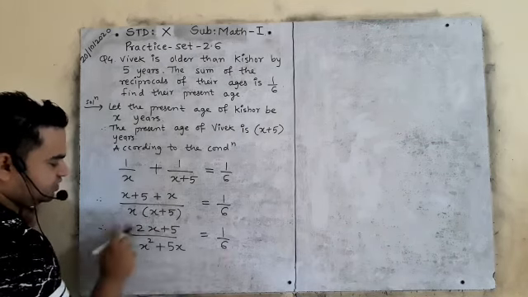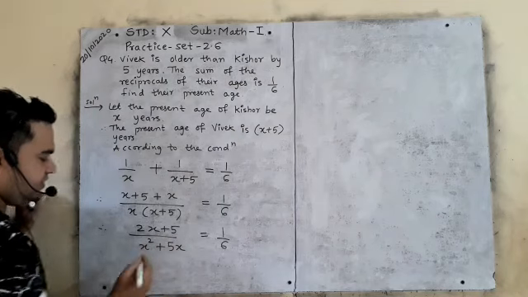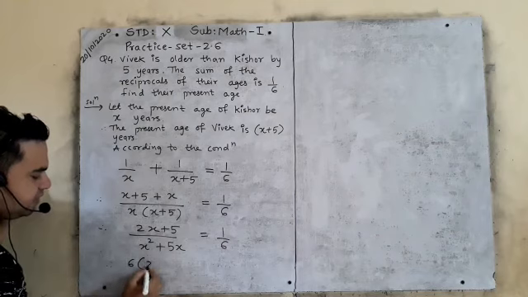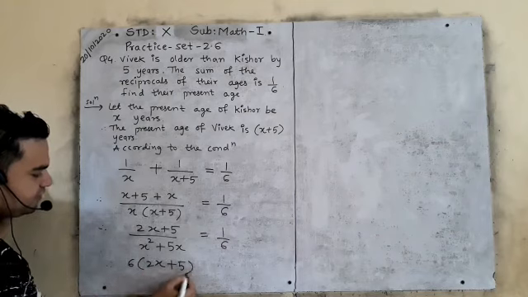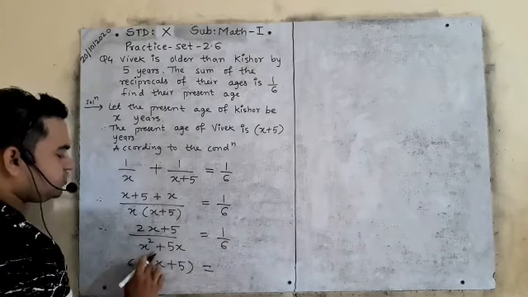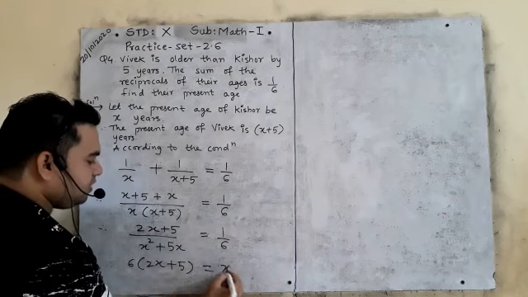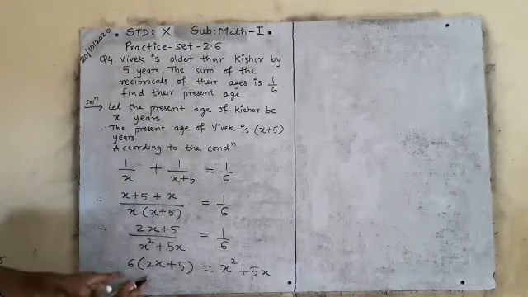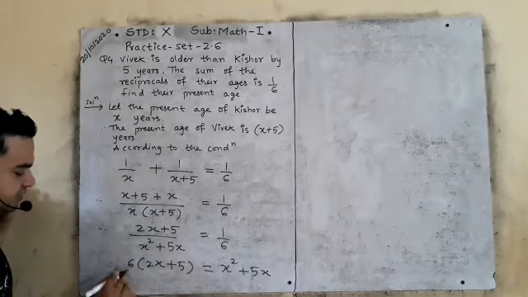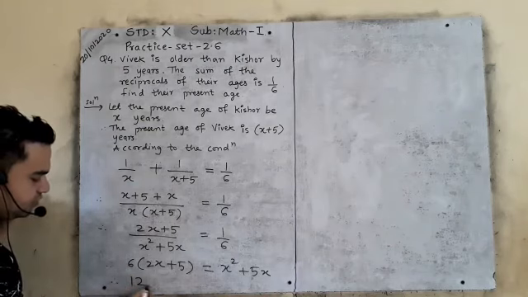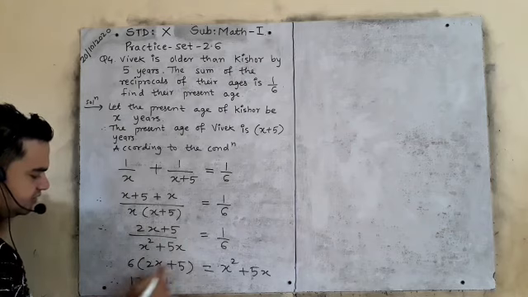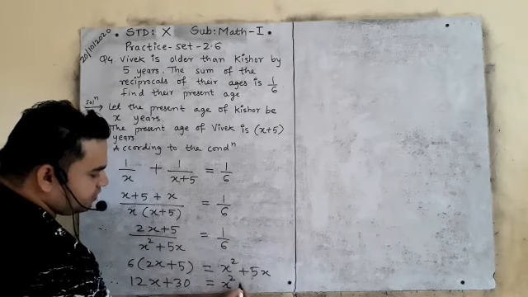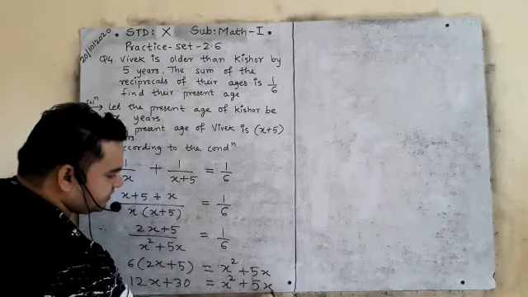You will multiply this 6 here and this will go here. So 6 multiplied by 2x plus 5 is equal to x square plus 5x. Now you have to solve this. 6 2s are 12x, 6 5s are 30, equals x square plus 5x.